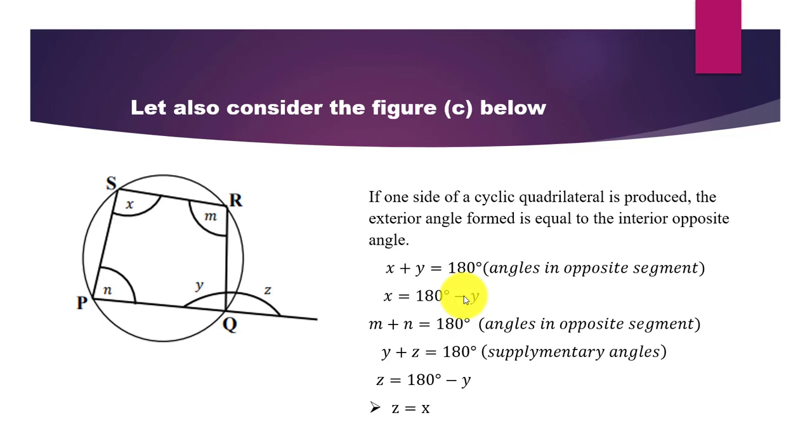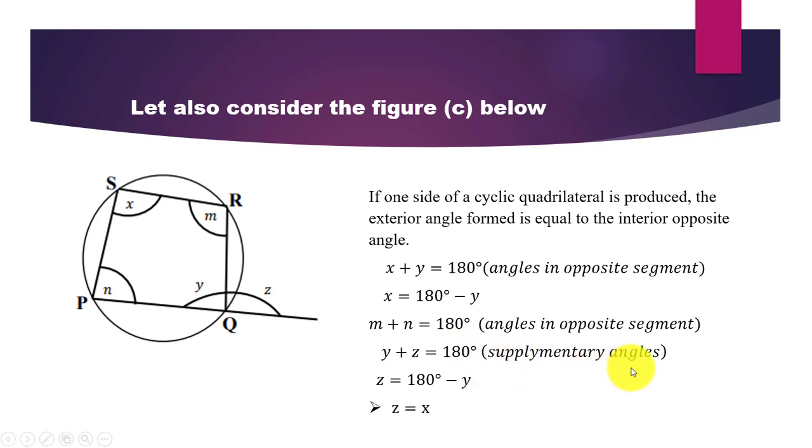Also, angle M plus angle N is equal to 180 degrees because they are angles in opposite segments. Right. Angle Y plus angle Z also gives us 180 degrees. Why? Because they are supplementary angles.